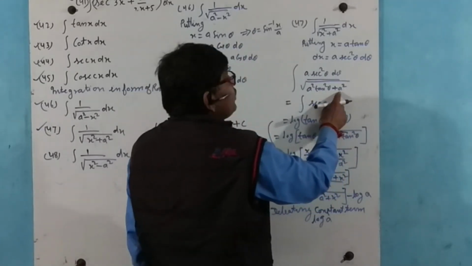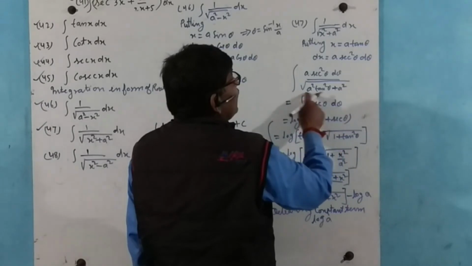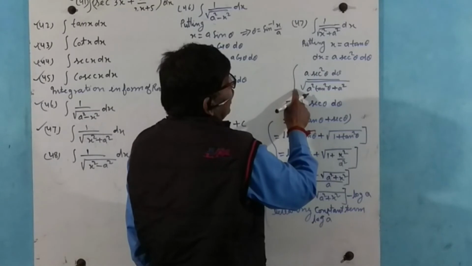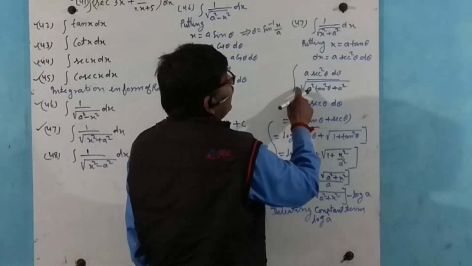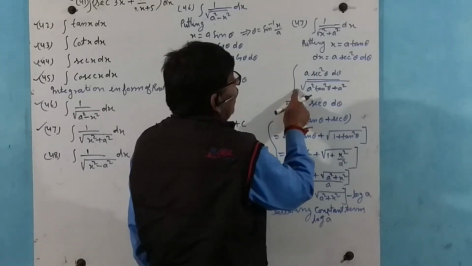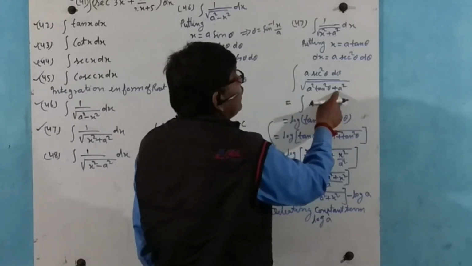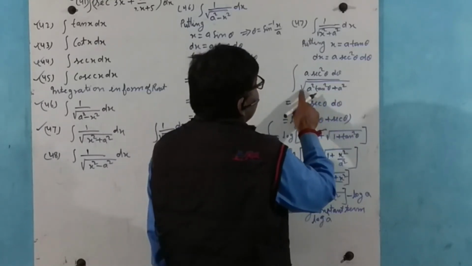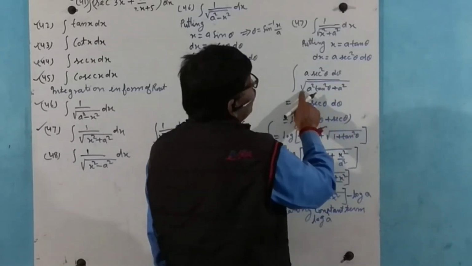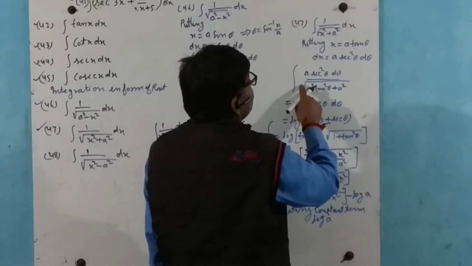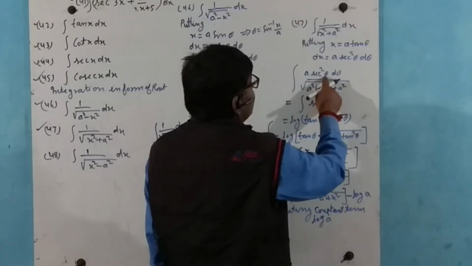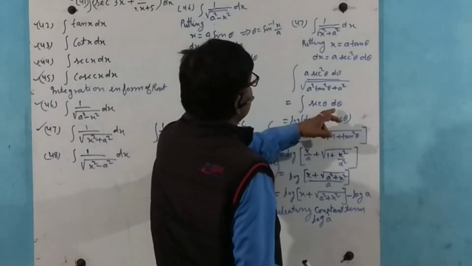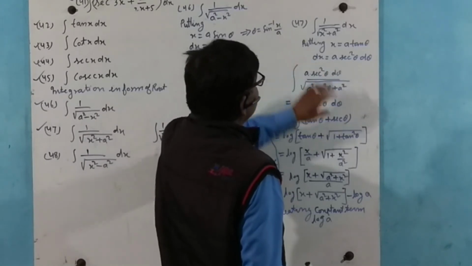Now take the common a square outside; from the under root a and a cancel, and in the bracket 1 plus tan square theta is sec square theta. Removing the under root gives sec theta, and sec theta and sec theta cancel, so we get the integration of sec theta d theta.